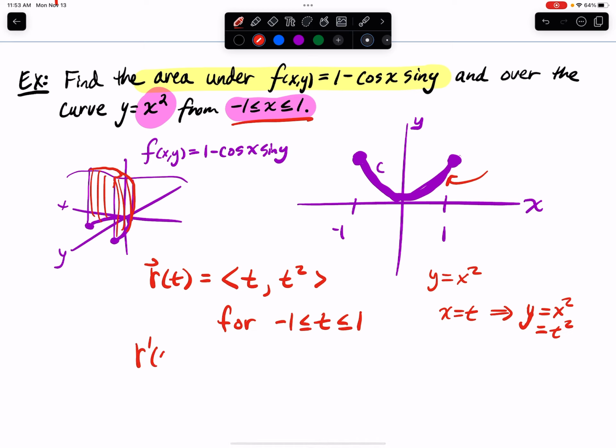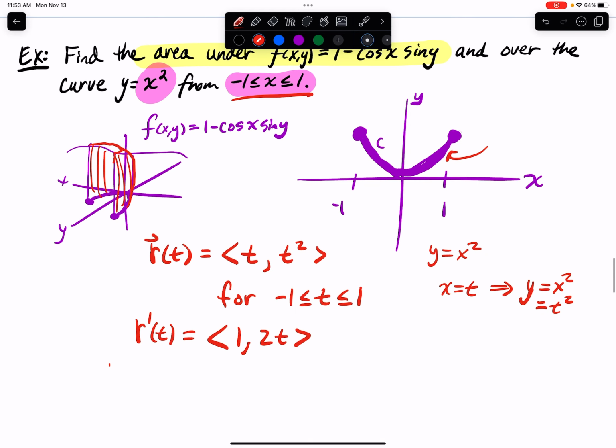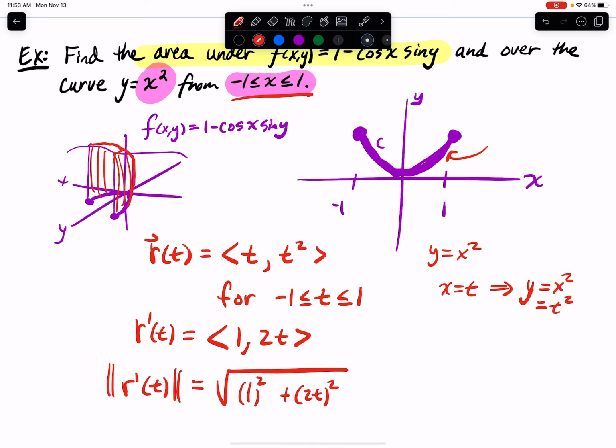So r prime of t is equal to the derivative of t, which is 1, and then the second component, derivative of t squared, which is 2t. And when I take the magnitude of the derivative, I get the square root of 1 squared plus (2t) squared.